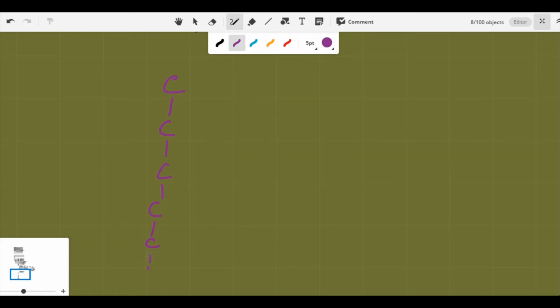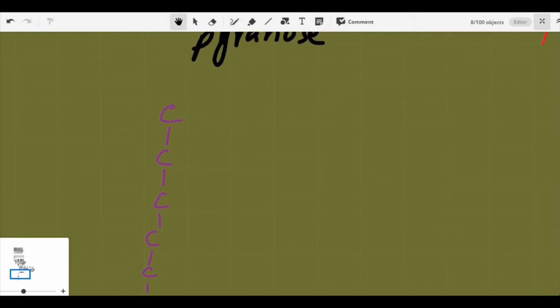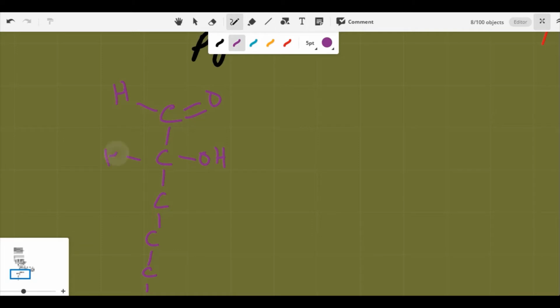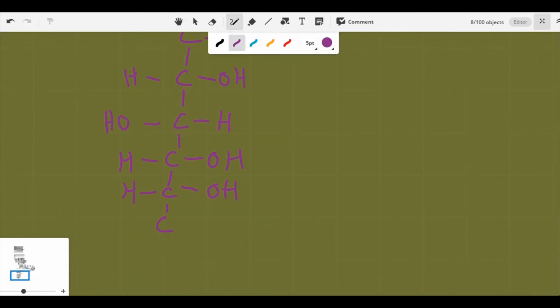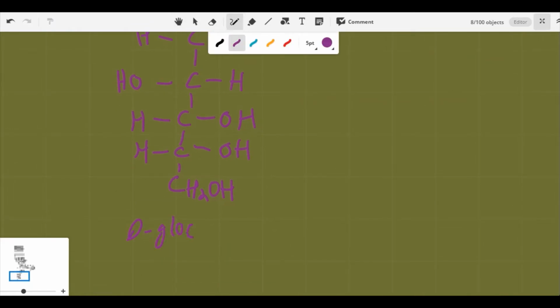So 1 2 3 4 5 and 6 carbon, and here is the aldehyde. The sixth one contains CH2OH. As we already discussed, that structure is known as D-glucose.